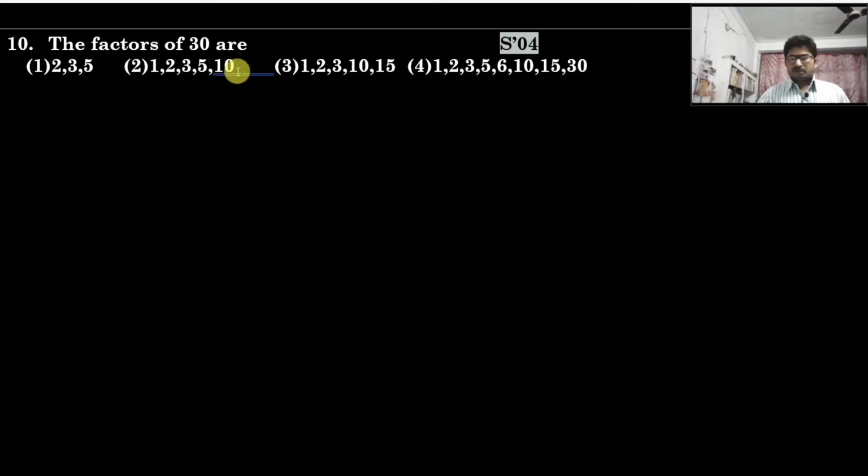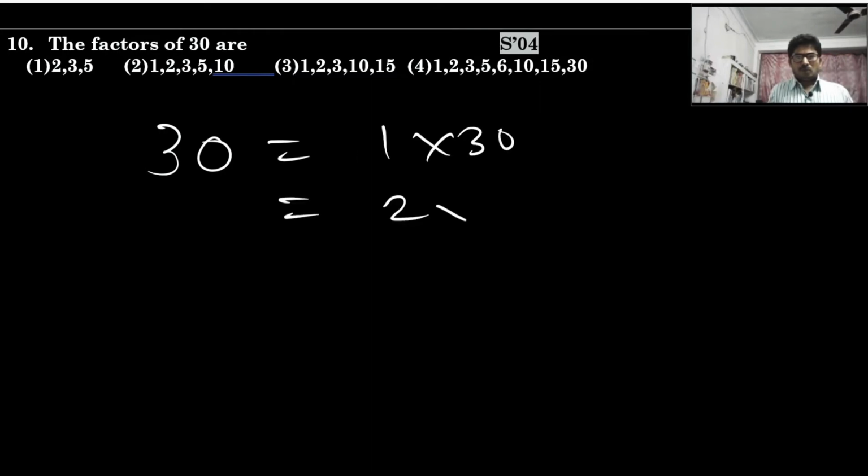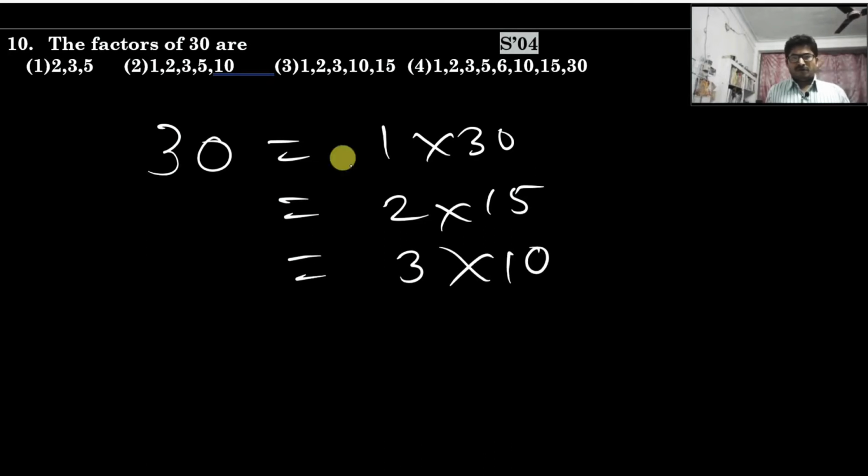The factors of 30 are: to find the factors, we follow this process. 1 30s, 2 15s, 3 10s, 5 6s.